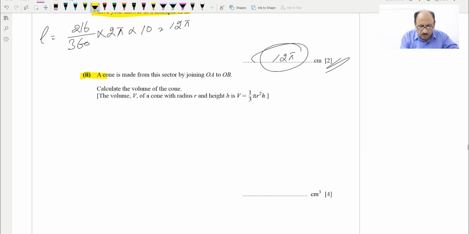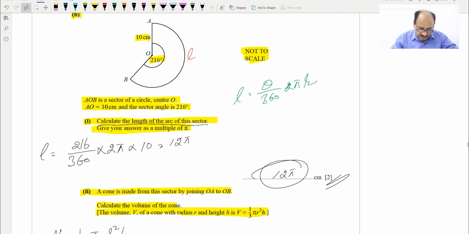Now the second part: a cone is made from this sector by joining OA and OB. Calculate the volume of the cone. The volume of the cone formula they have provided is 1 by 3 pi r square h, so we can use that formula. V is equal to 1 by 3 pi r square h.